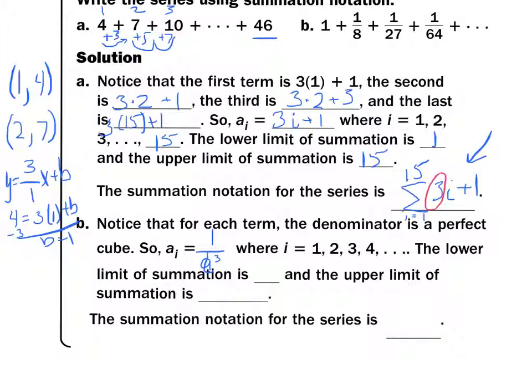So, 1, 2, 3, 4, the lower limit of summation is 1. The top, we have dots after it, so it goes to infinity. And then the summation notation for the series would be sigma i equals 1 to infinity, 1 over i cubed.